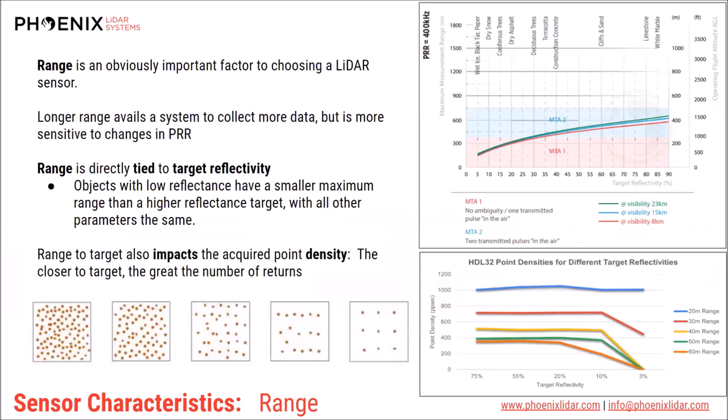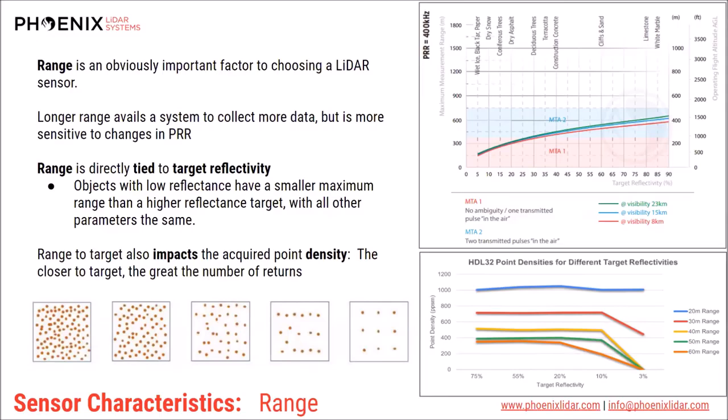Obviously, it's a very important factor in choosing LiDAR. If the feature that you're interested in collecting is further away than your LiDAR can collect, then you are up a creek. And so this is a very important factor to understand, but just as we said before, it is very much in play with other characteristics like pulse repetition rate.